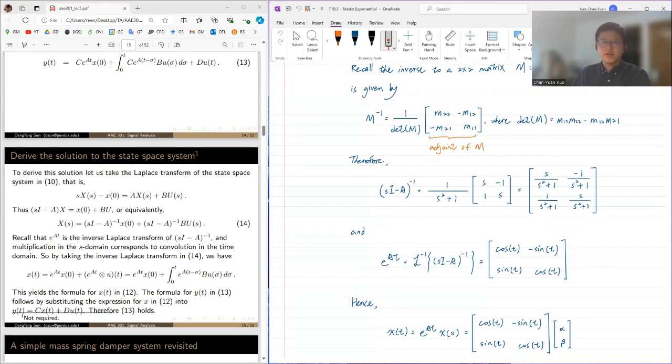Now we compute the inverse Laplace transform of the inverse of sI minus A, and we get e to the A times t equals the matrix cosine of t, negative sine of t, sine of t, and cosine of t.